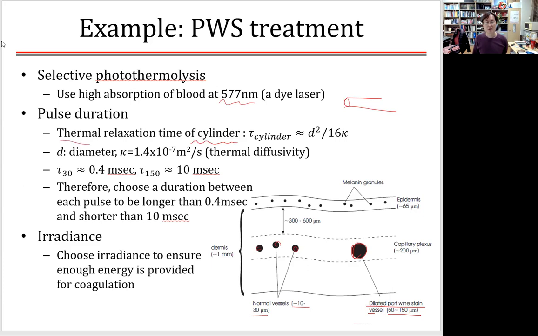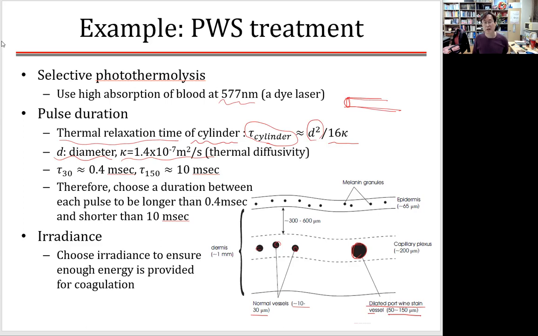For the thermal relaxation time of the cylinder case, which is actually from the water, this follows d squared over 16κ. Here d is the diameter, and κ is the thermal diffusivity, which is a fixed value.